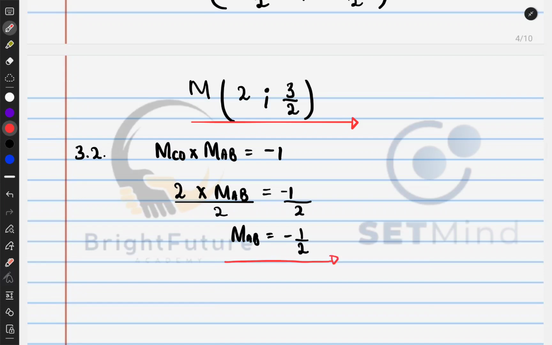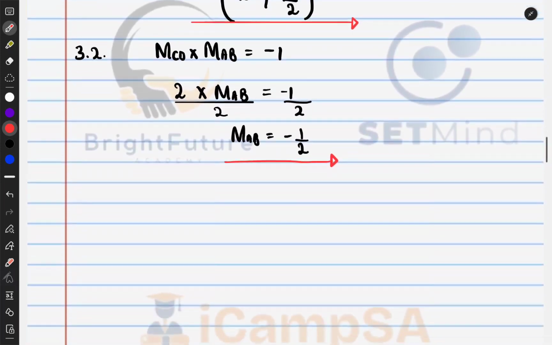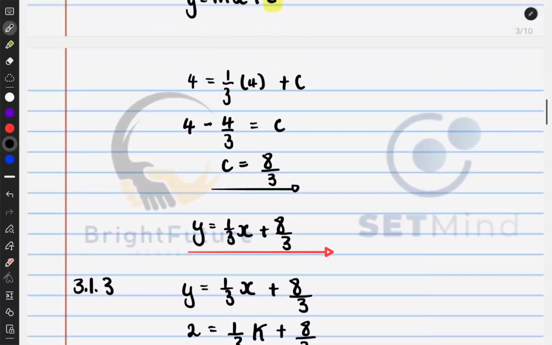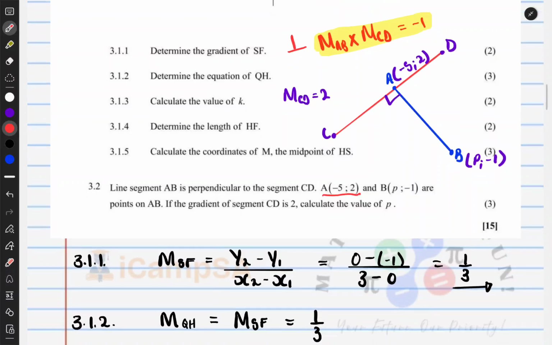Since we know that AB is a straight line, we can use the straight line equation, which is y is equal to mx plus c, where m is the gradient. Let's check if we have a coordinate that lies on AB. There we have it, the coordinate A, which lies on the line AB, is (-5, 2).